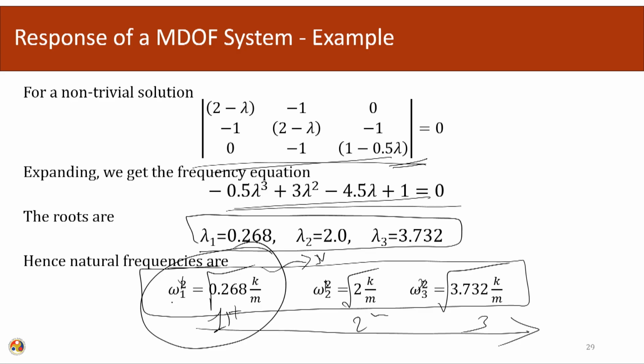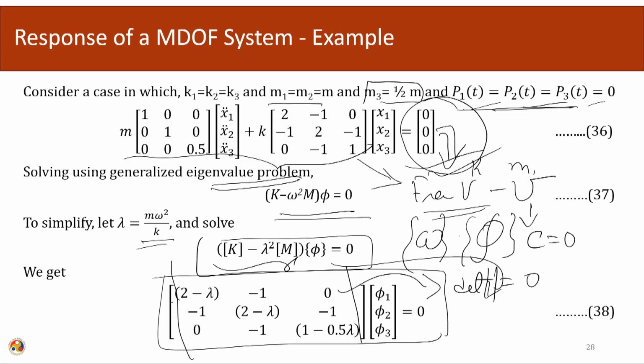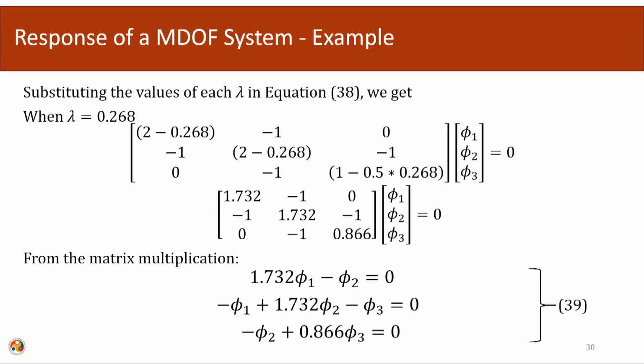After that we put back the value of omega in the equation and calculate the corresponding mode shape of the system. Substituting the value of each lambda, or the corresponding omega, we solve one by one.